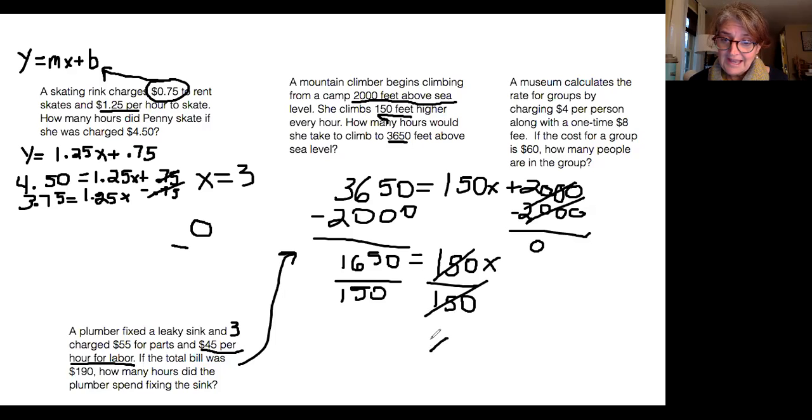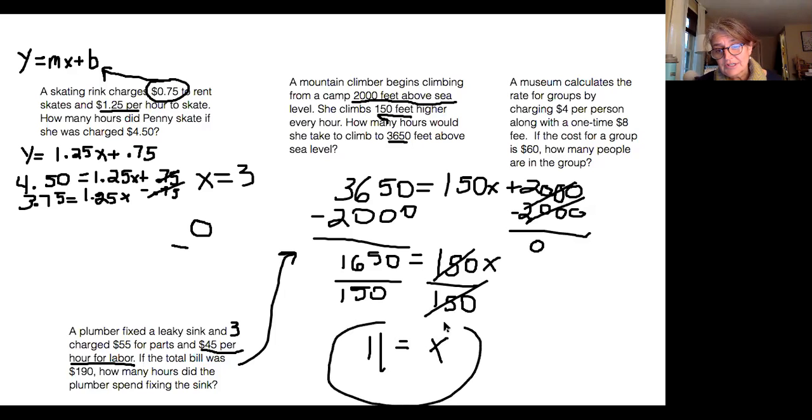And we're going to get x is equal to, and we're going to use our calculator and be able to figure that out. 11. So it will take her 11 hours to climb from 2,000 feet all the way up to 3,650.